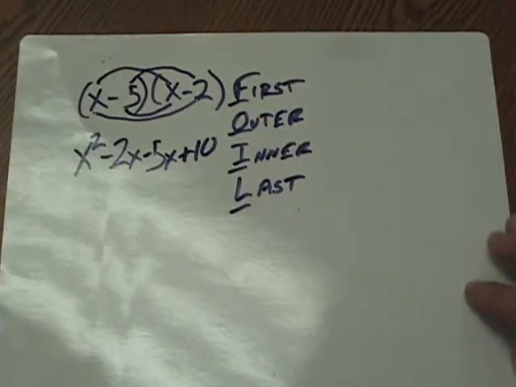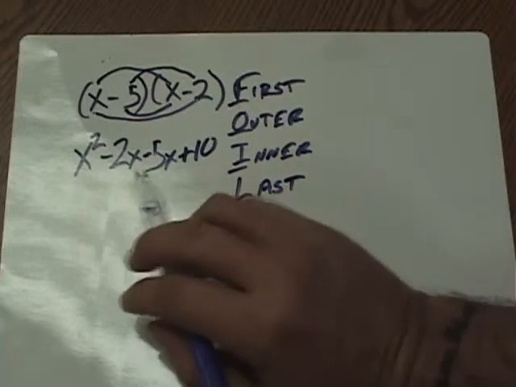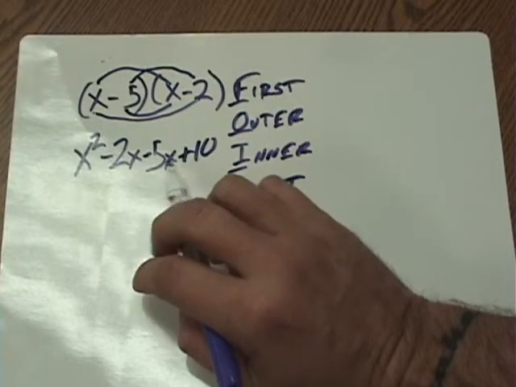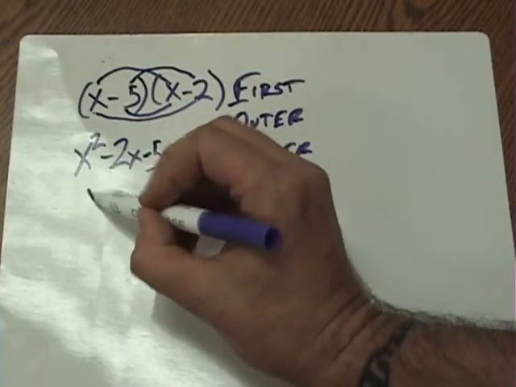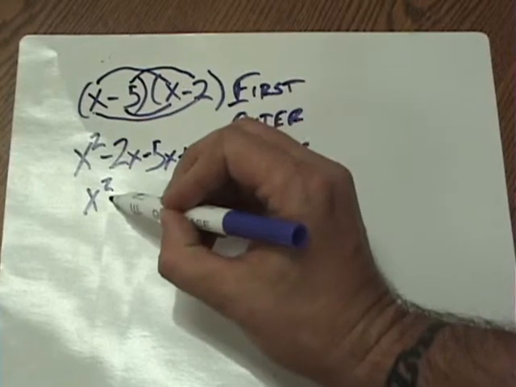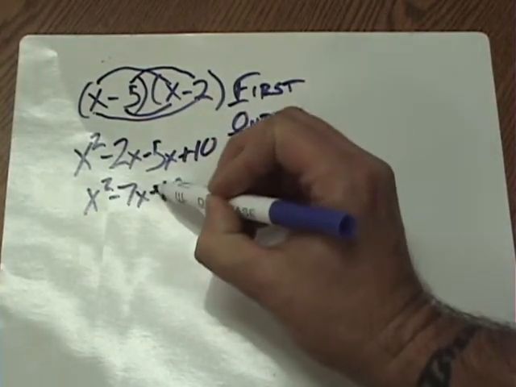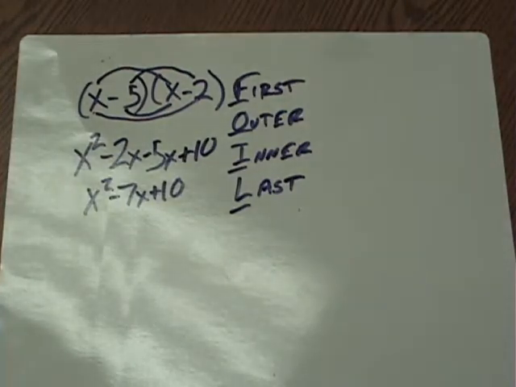With any polynomial, the last thing you do is combine any like terms. Our two middle terms are like terms, they have the same x raised to the same power, so we can combine them and make it x squared minus 7x plus 10, which is what we showed using the algebra tiles.